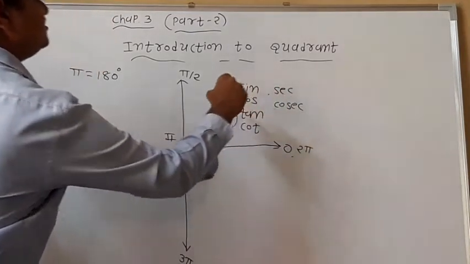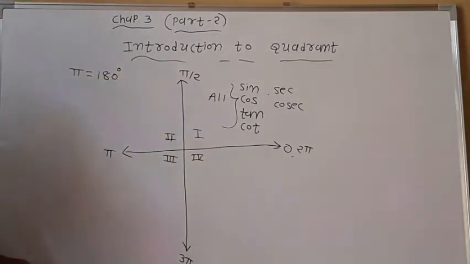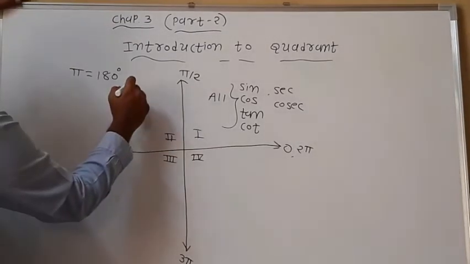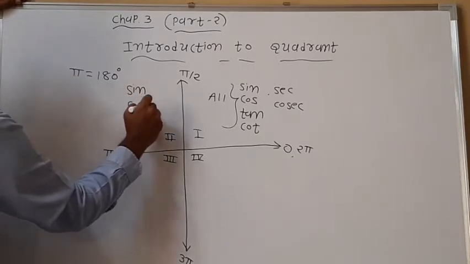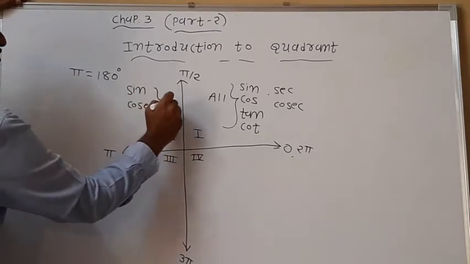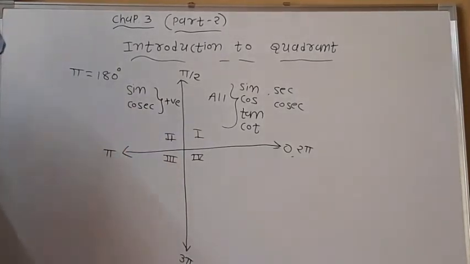So all six trigonometric functions are positive in the first quadrant. In the second quadrant, only sine and cosec functions are positive, and the remaining four functions are negative.